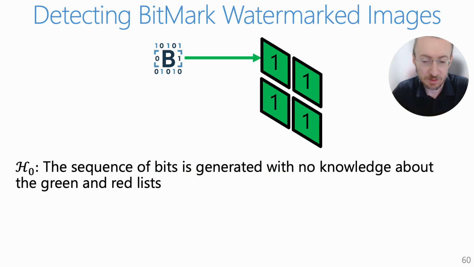The next step is to detect the watermark. To do so, we perform a statistical test. Here it is based on the z-test, and we test our null hypothesis that the sequence of bits is generated with no knowledge about the green and red lists.